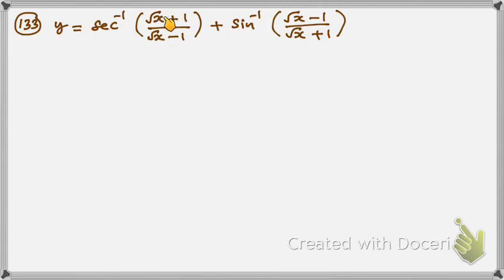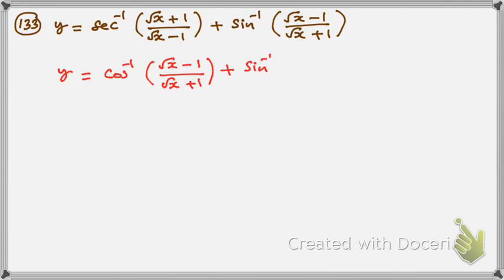So I'm going to write it that way, cos inverse of the reciprocal. Root x plus 1 by root x minus 1 now becomes root x minus 1 by root x plus 1.